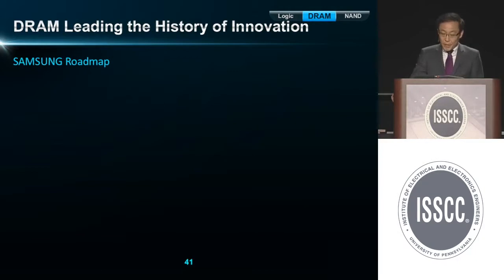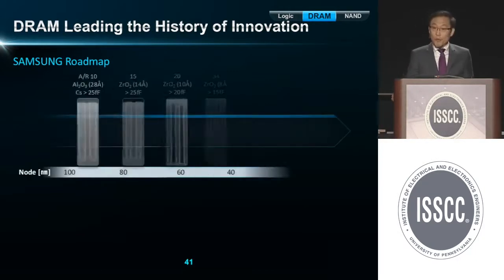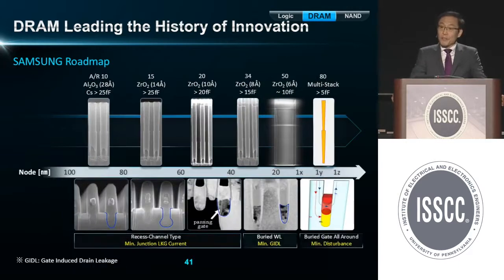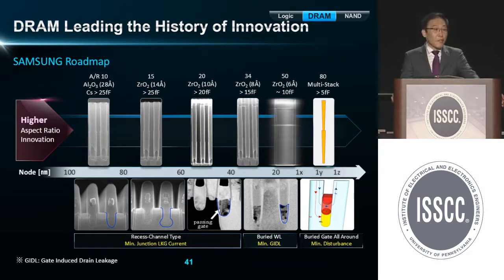DRAM scaling has been possible through innovation in 2 key elements, which are cell capacitor and cell transistor. The capacitor's aspect ratio had to be increased in every generation, which was possible through innovation in processing small and deep capacitor holes.